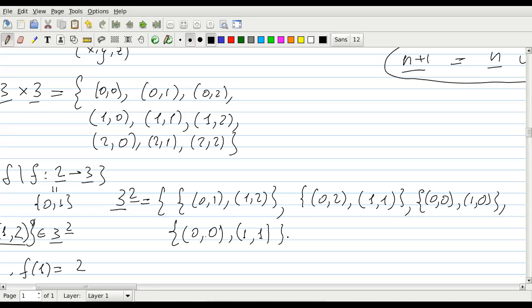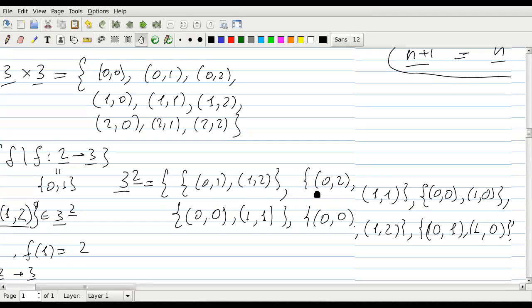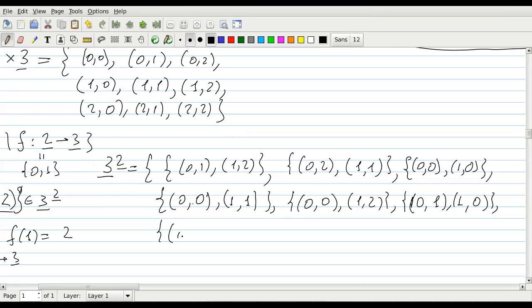Okay. Then 0, 0, 1, 2. Then 0, 1, 1, 0. What else? 3 more functions. 0, 1, 1, 1. What else? And we already have 0, 1, 1, 2.